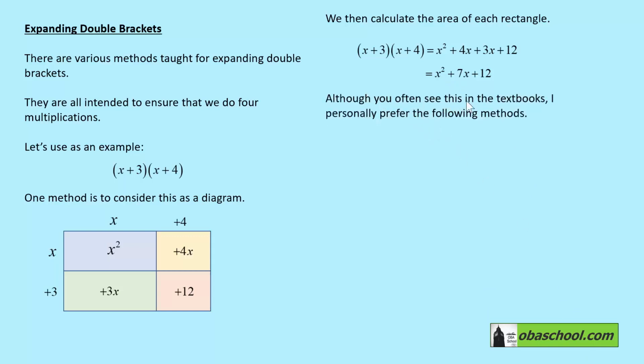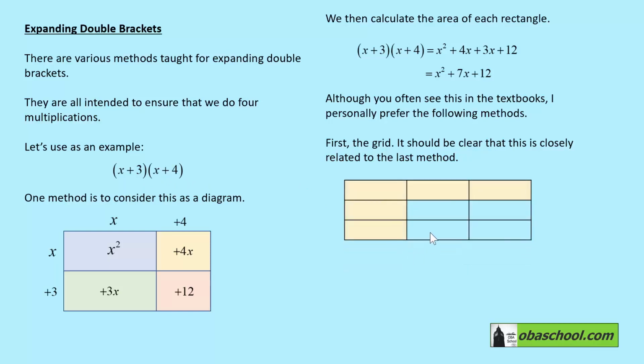Although you often see this in the textbooks, I personally prefer the following methods. First, the grid. It should be clear that this is closely related with the last method. It just makes more sense if you have a negative inside these brackets.